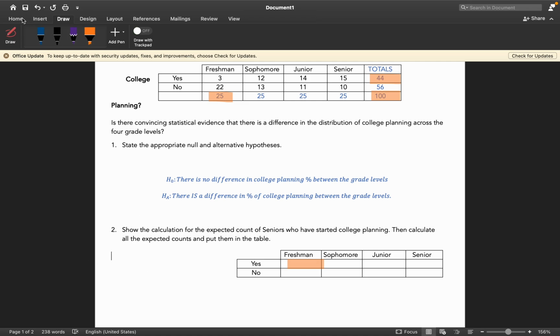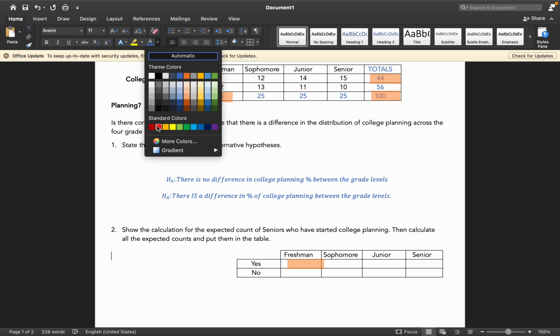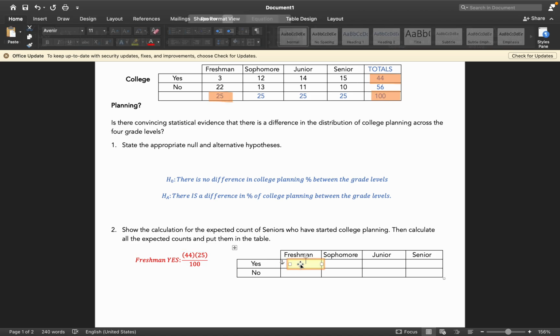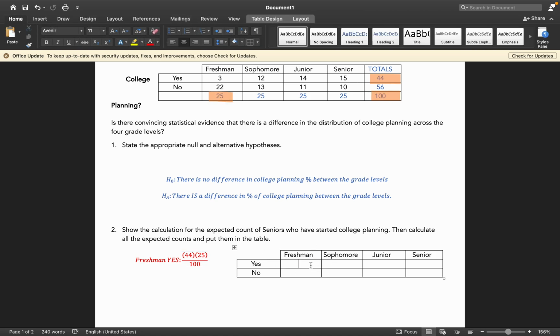So let's do this in red. For freshmen yes, I'm going to do 44 times 25 over 100, which is the row total times the column total divided by the grand total. And if I do that, I'm going to get 11.